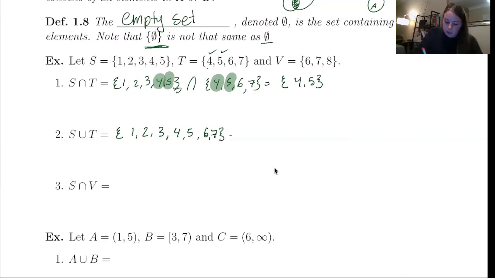So S intersected with V. Those numbers are kind of far away. Intersected with 6, oops, that's a 7.